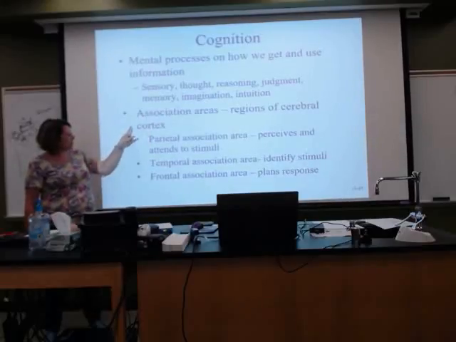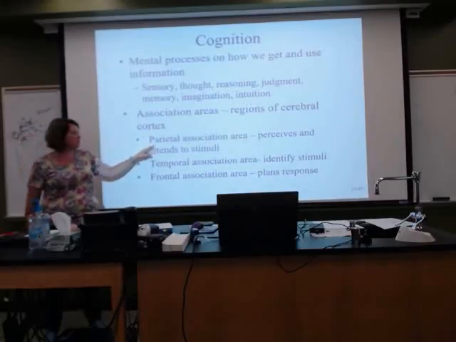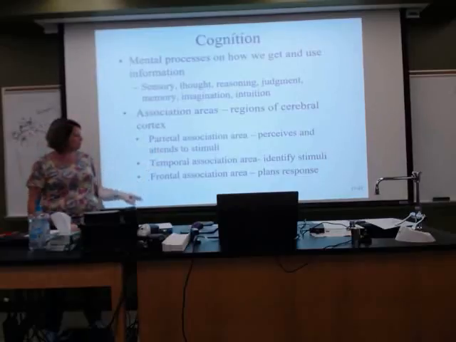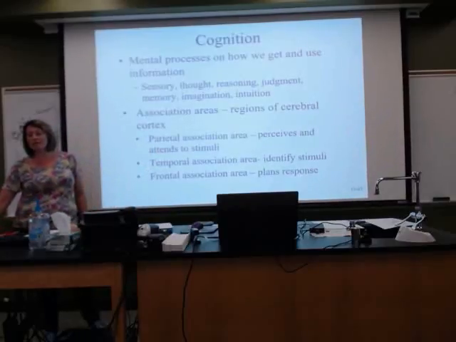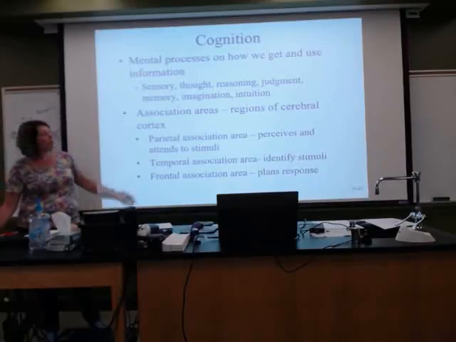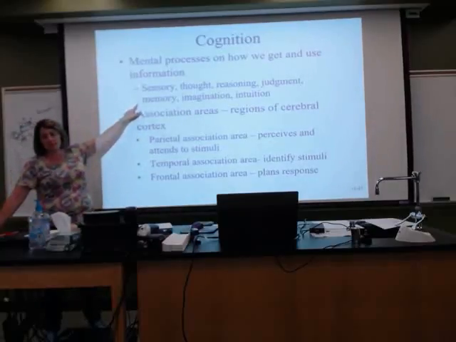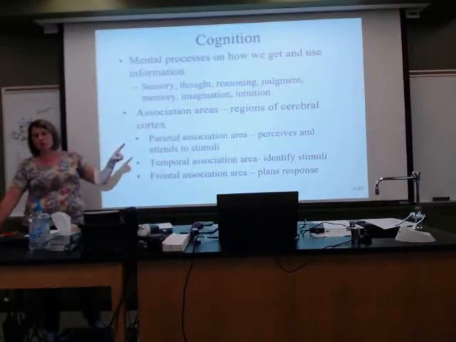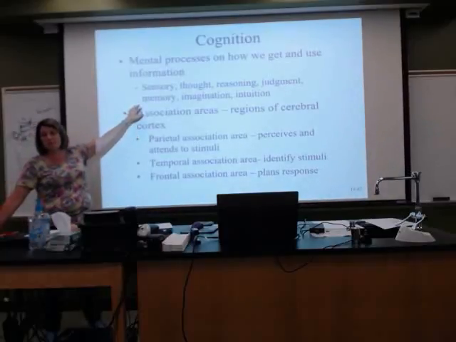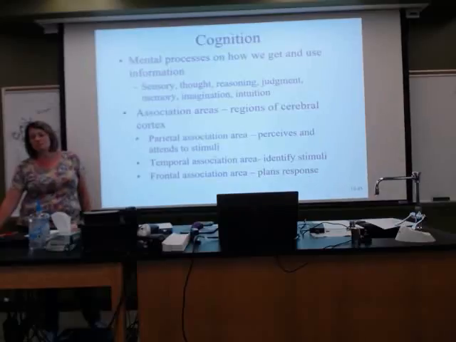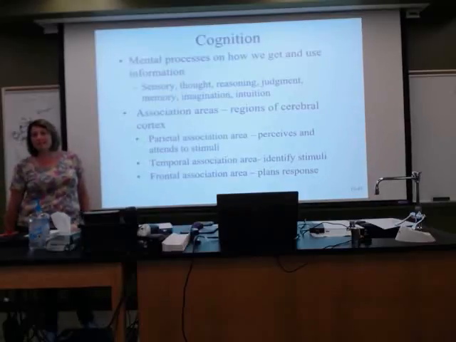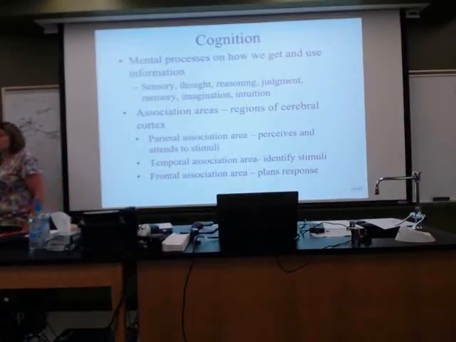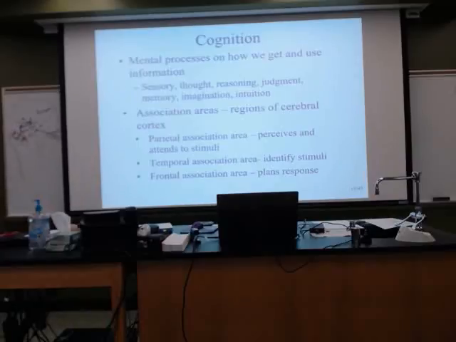We have a parietal association area, a temporal, and a frontal. Because when we talk about this ability right here, this ability is higher order. This ability has nothing to do with basic survival. This is all higher order that has developed over the geological time frame for man.